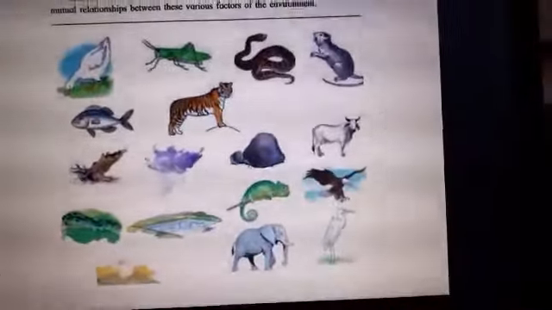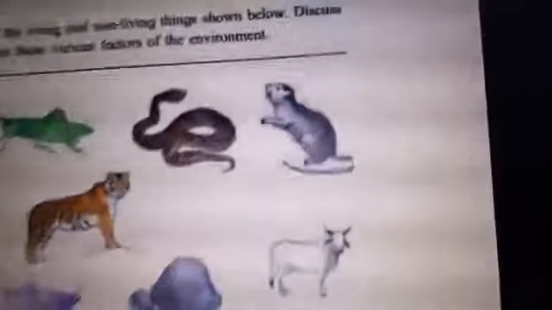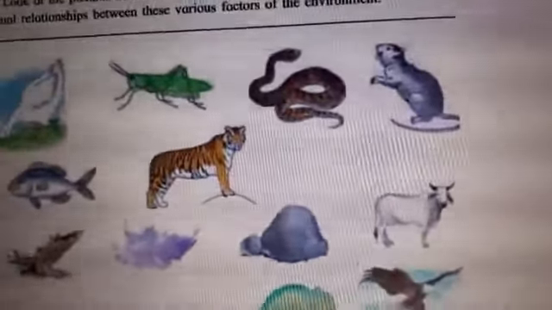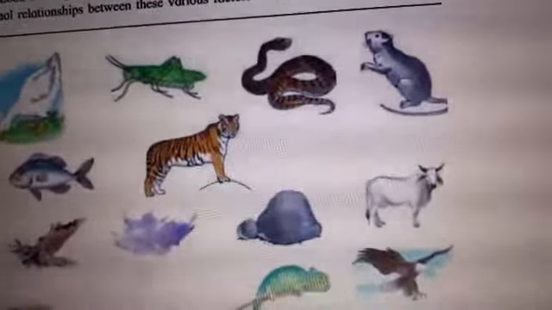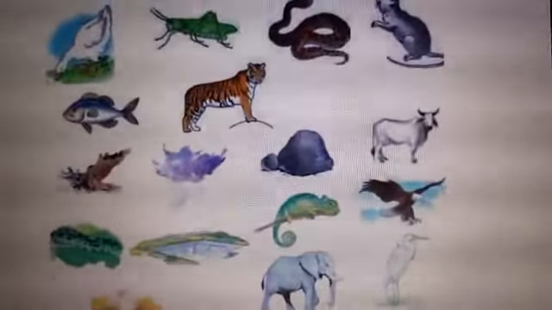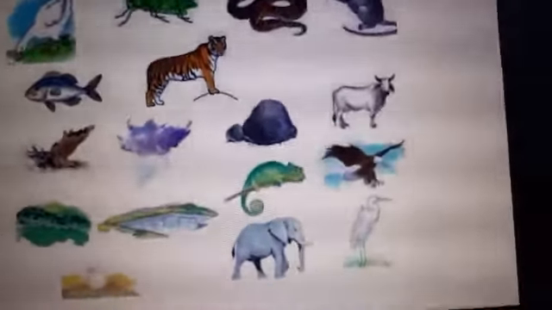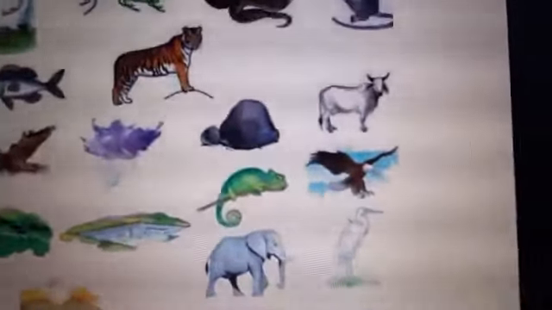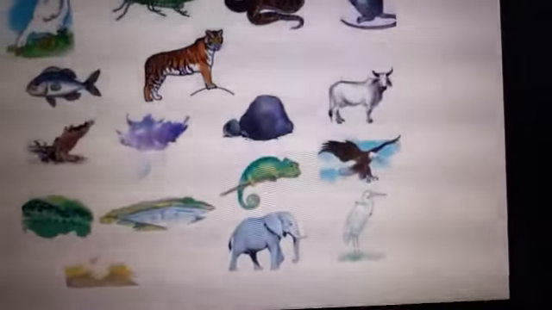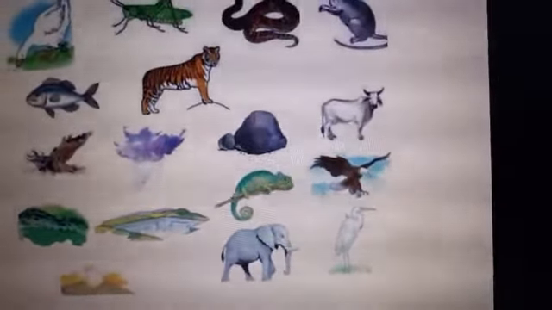Now I can tell you an example. You can see here snake and rat. Now snake eats rat, right? It's the food of the snake. Cow is there. Cow gives us milk. Eagle is there. Then chameleon is there. You can see elephant, sun, hills.